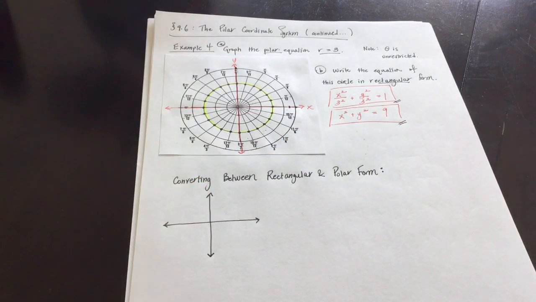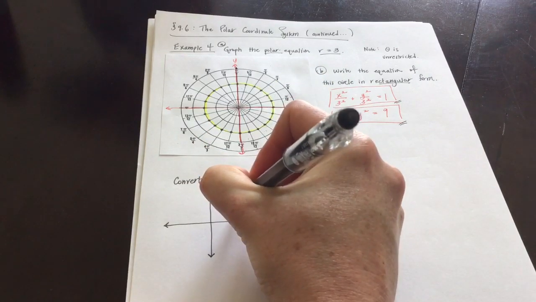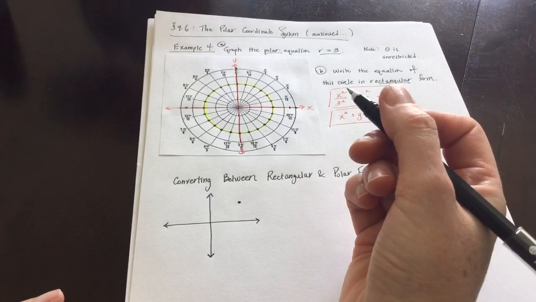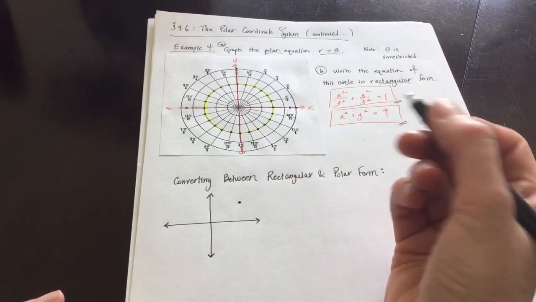I've drawn a plane here, and if I was to ask you, quick, is this a polar plane or is this an XY plane? I hope that with the information I've put on it, you would say, I don't know, because I haven't put enough information on it to determine which type it would be. It could easily be a polar plane or a rectangular plane. As a matter of fact, we're going to use it for both. Let's say I put a point on this plane and say this is a polar plane.